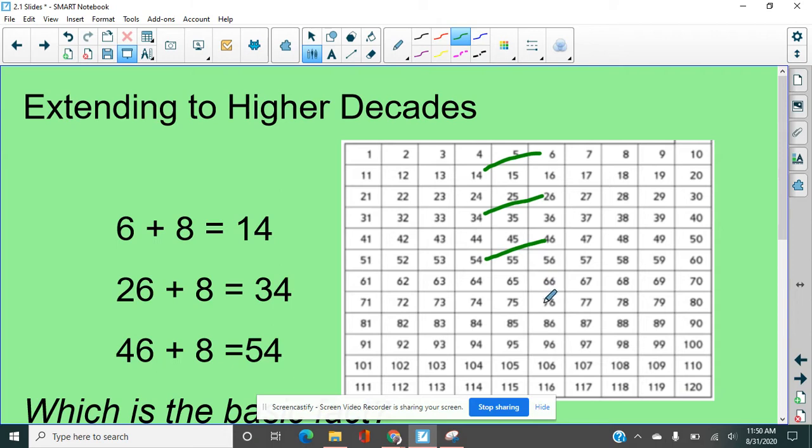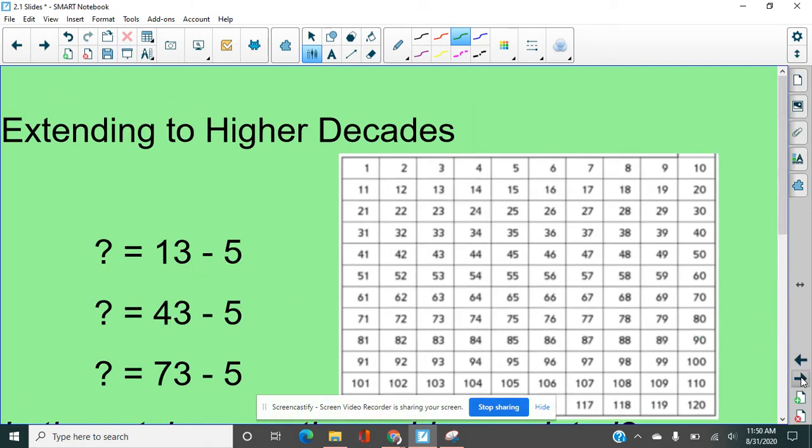What if I had 76 plus 8? Where should I draw my line to? 76 plus 8. Where would it go? 84. So we can use this basic fact here to do some problems that we might not have thought we were able to do before.